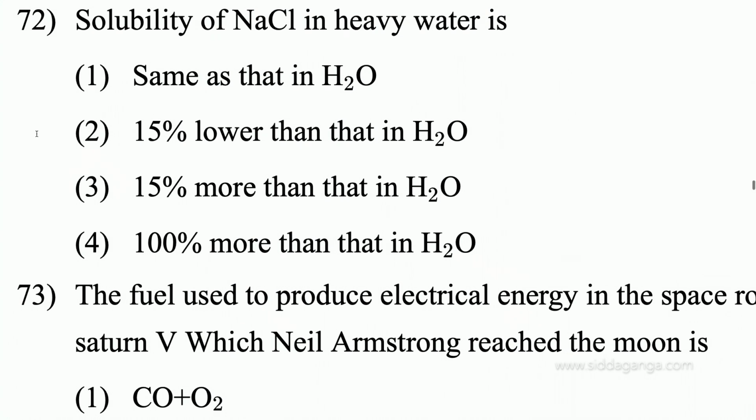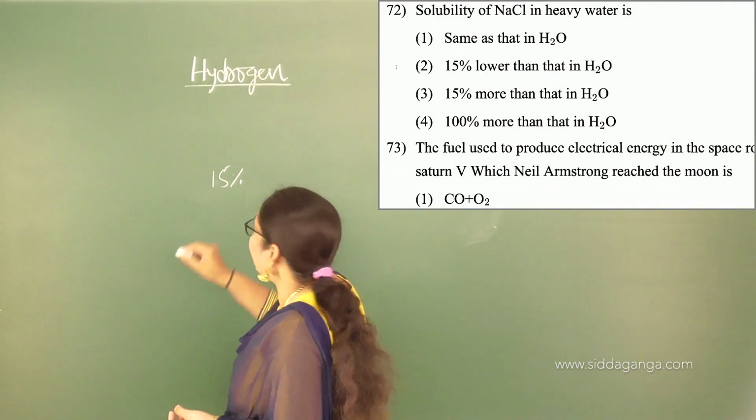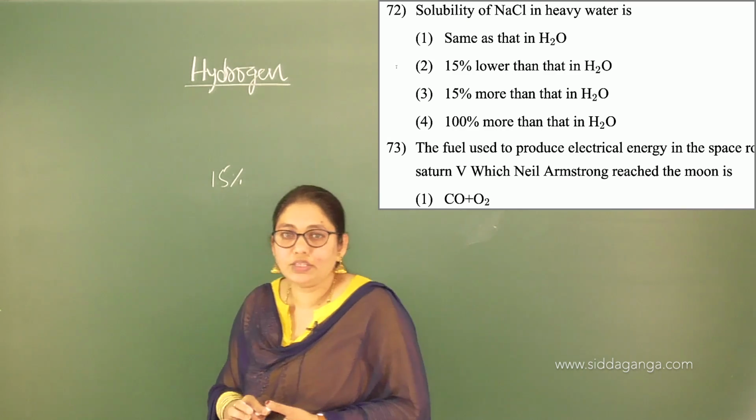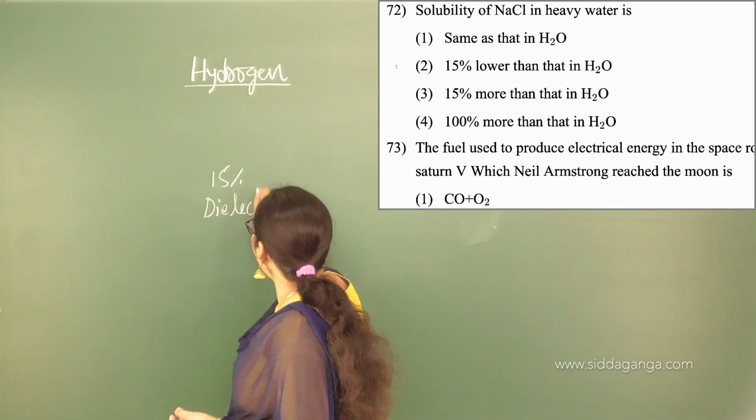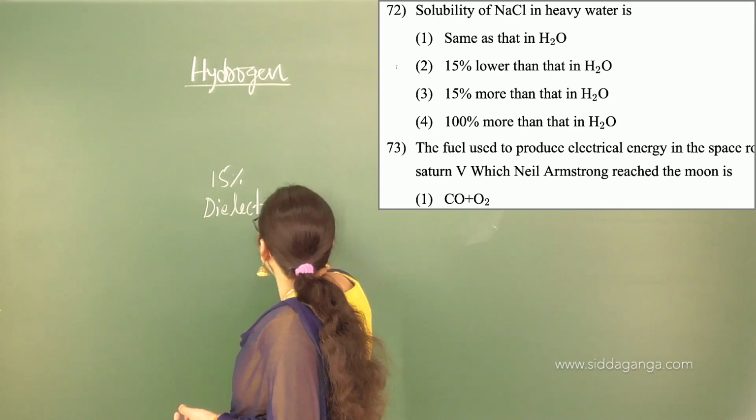Next question. Solubility of sodium chloride in heavy water is the same as that in water, 15% lower than that in water, 15% more than that in water, or 100% more than that in water. The answer for this one is the second option, 15% lower than that of water, because of its lesser value of dielectric constant.